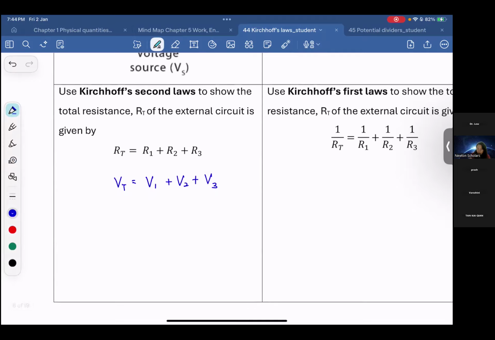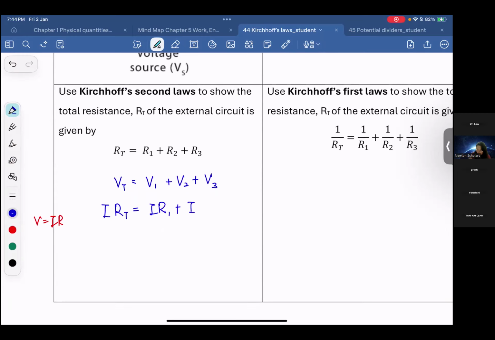Then we understand V equals IR. So V equals IR, this is what we know. Here IR total equals IR1 plus IR2 plus IR3. I don't need to label it total or 1, 2, 3, because in series, current is the same.